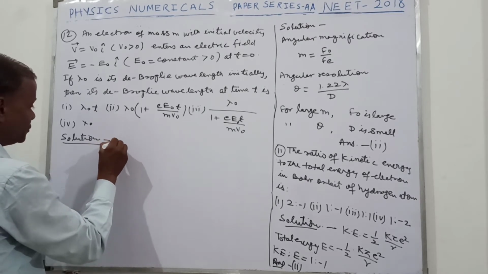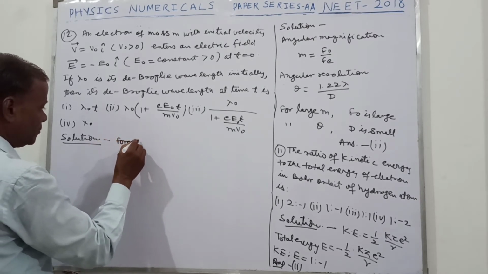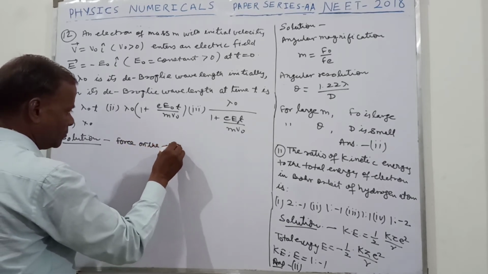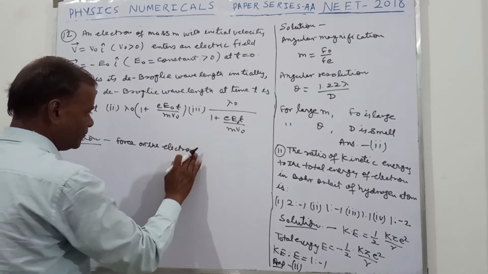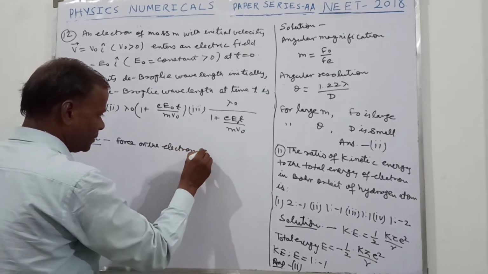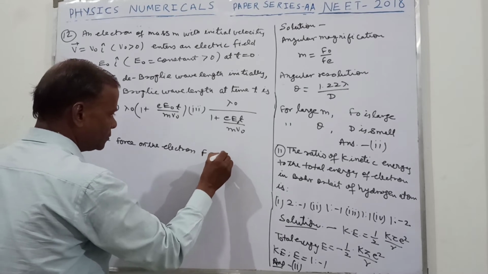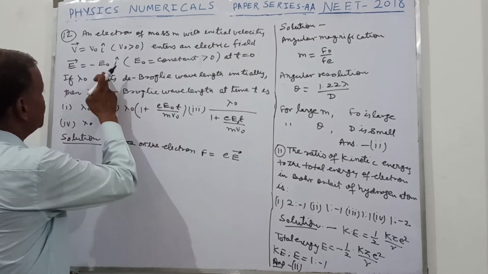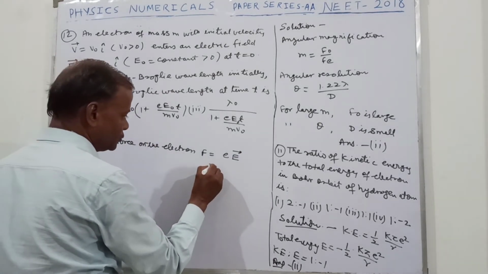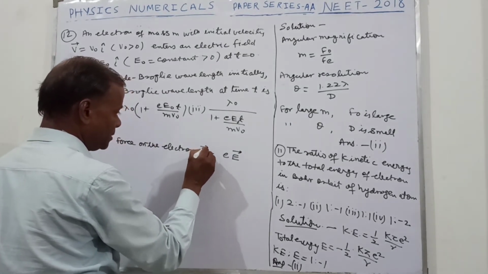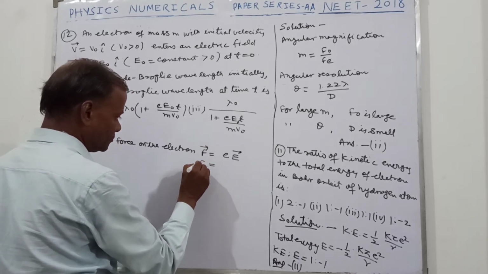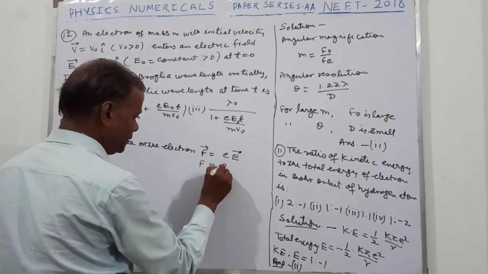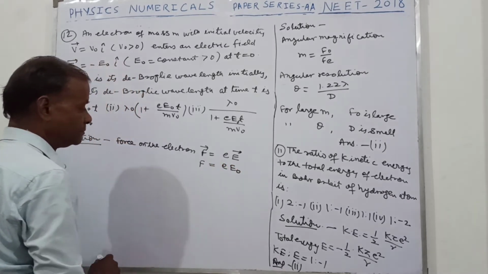Force on the electron F equal to e into E. We take the magnitude, then this will be e E naught.